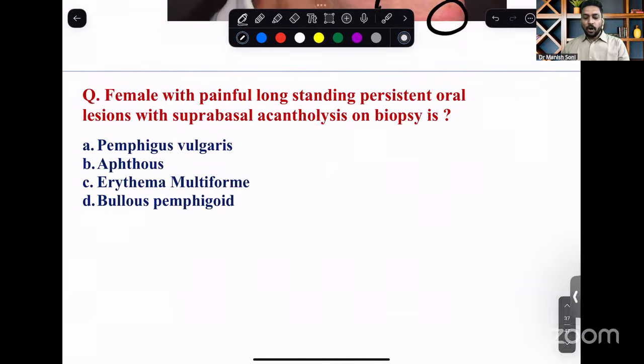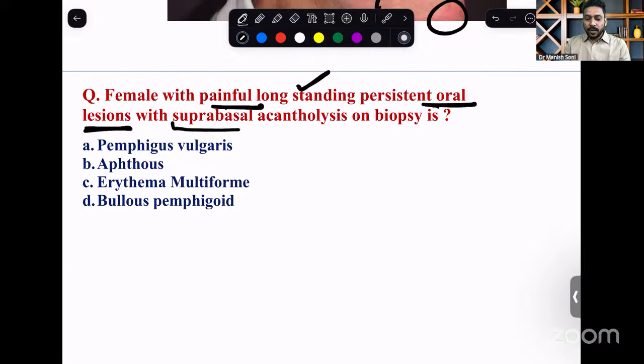Female with painful, long-standing, persistent oral lesions. So the patient has painful oral lesions persisting for a long period, with suprabasal acantholysis. Acantholysis, that is separation of keratinocytes, is a feature generally seen in pemphigus.